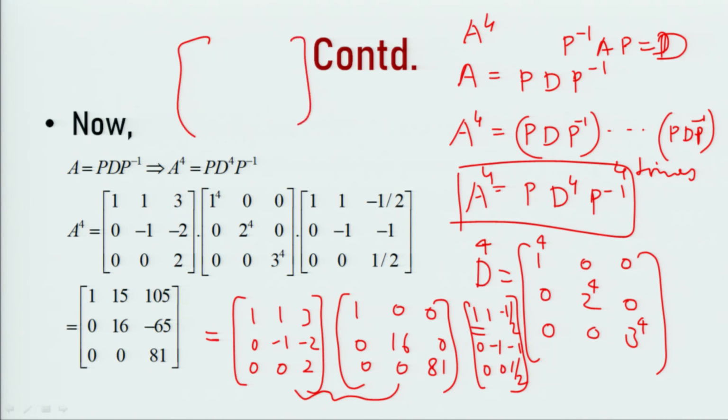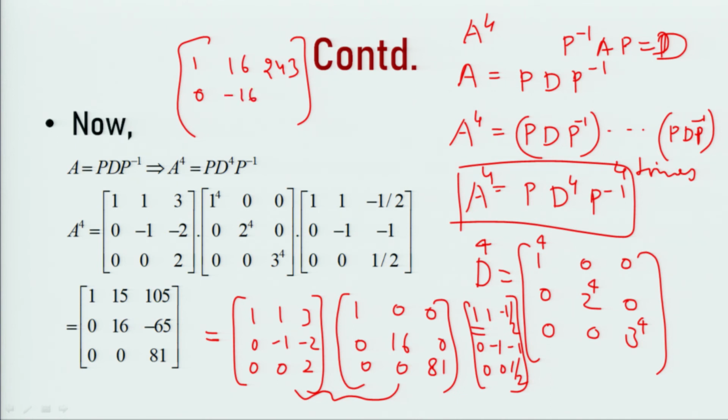1 into 1 is 1, then 16 and 0. So, this is 16, and 1 into 0 is 0, and 3 means 243. Multiplying the second row by the second column, we get minus 1 into 16, this is minus 16.